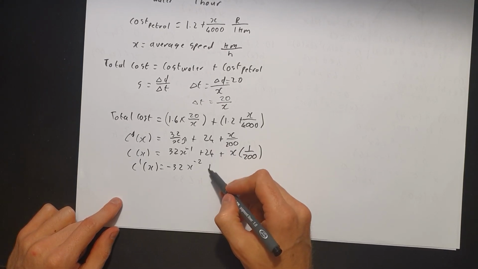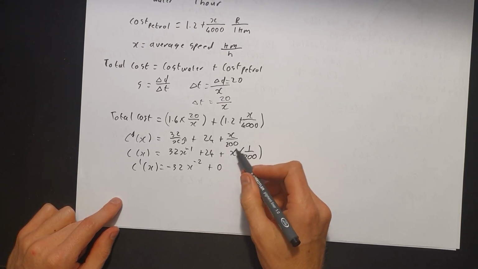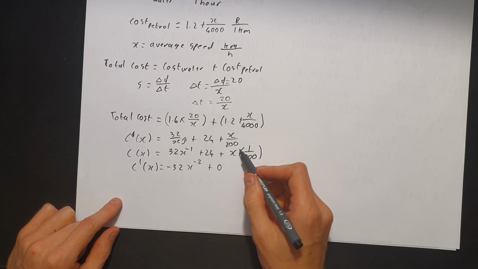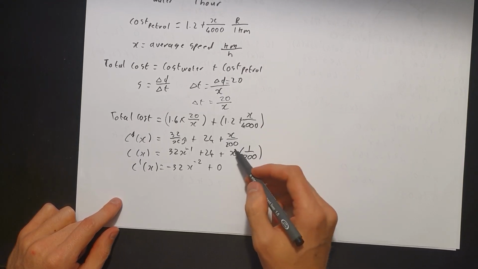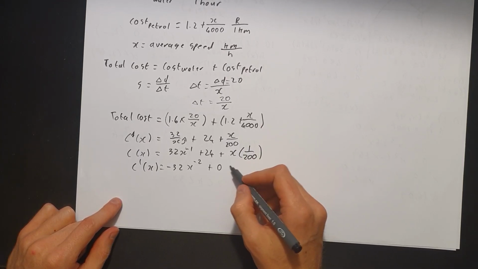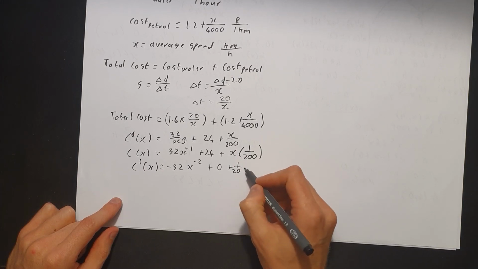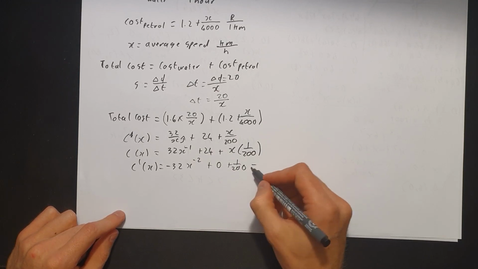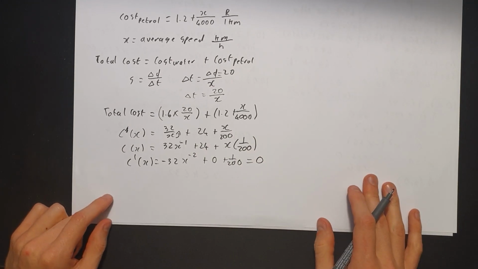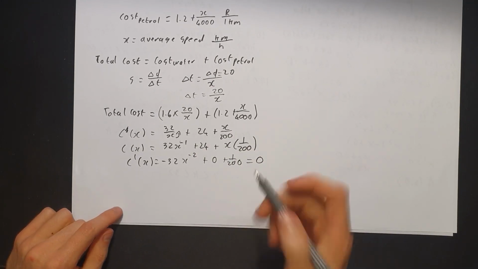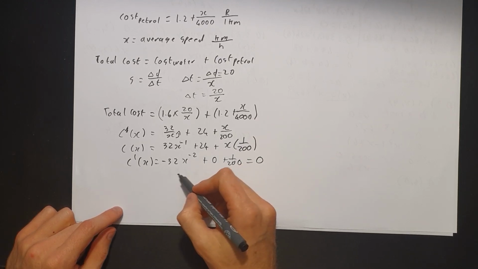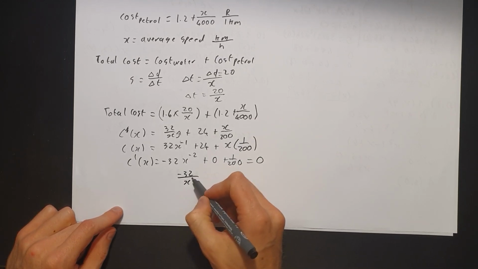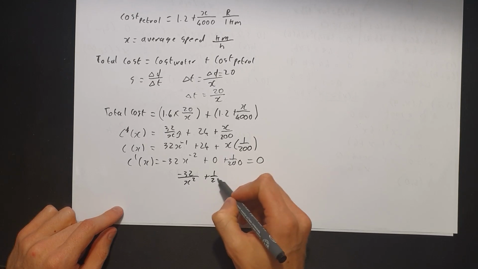Derivative of a constant is just 0. And then the derivative of this, we have x to the power of 1, so 1 times this constant, minus 1, is just going to give us plus 1 over 200. So that's what we end up with. And we've got to find where this is equal to 0 in order to minimize it. So after sorting it out, we end up with minus 32 over x squared plus 1 over 200.